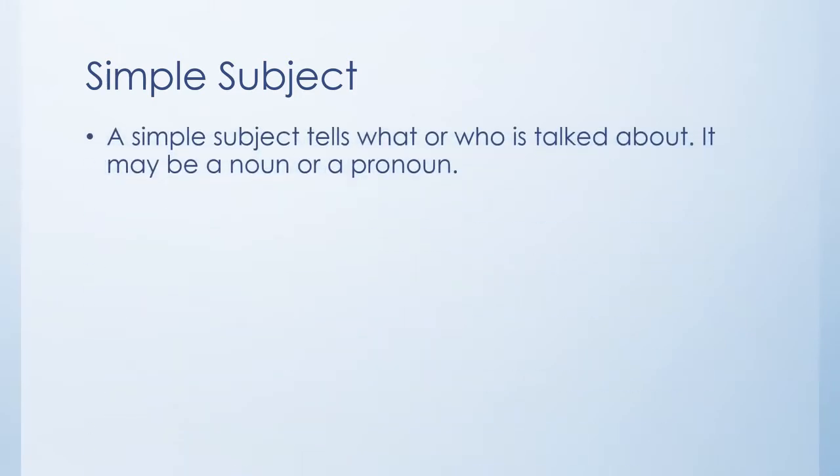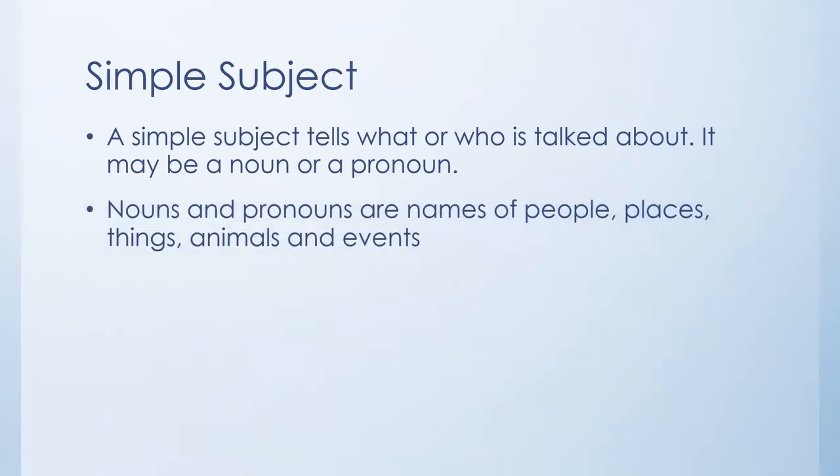We have first the simple subject. A simple subject tells what or who is talked about. It may be a noun or a pronoun. Nouns and pronouns are names of people, places, things, animals, and events.